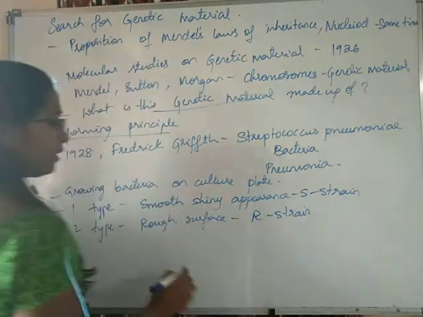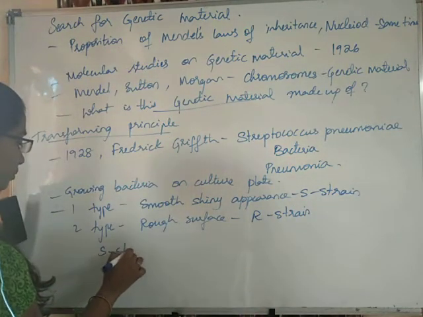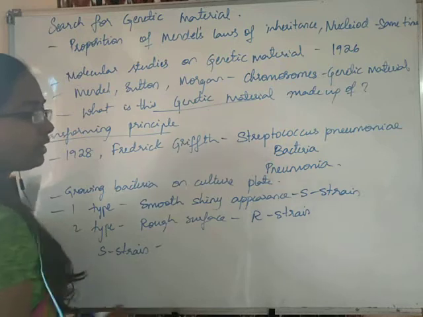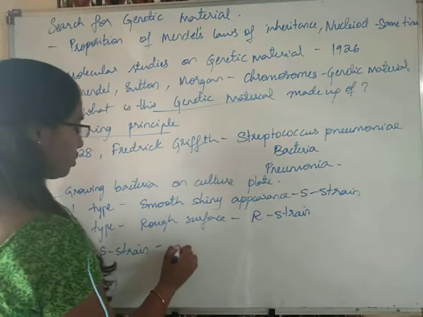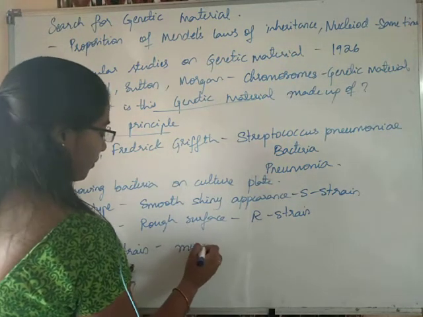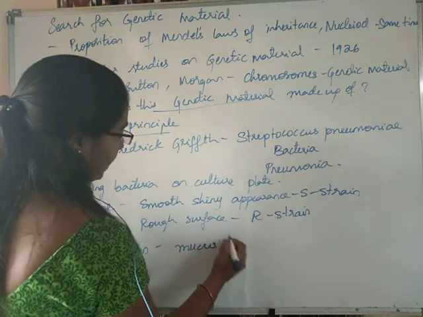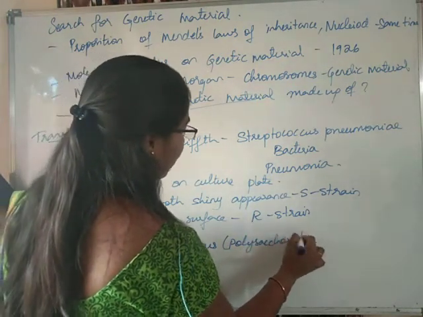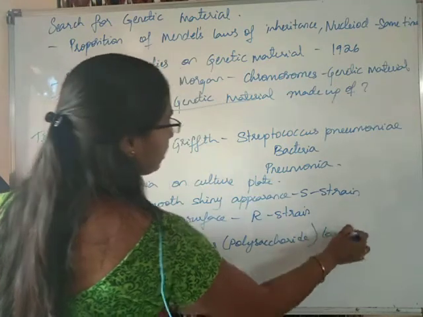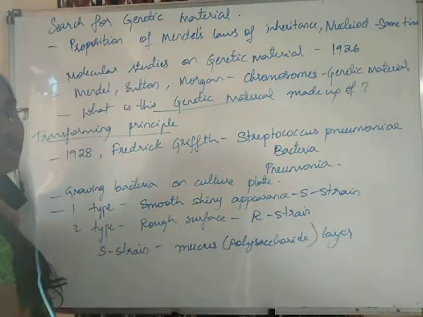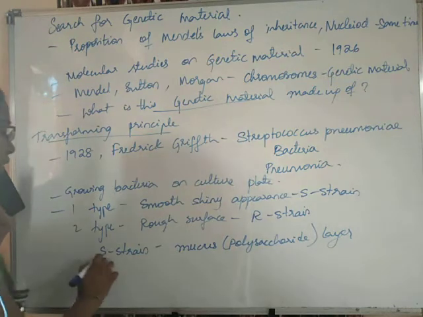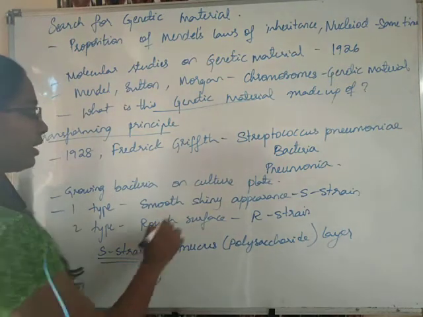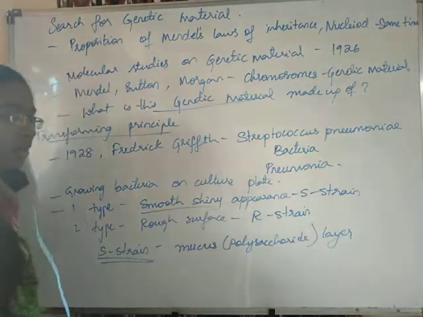The S strain had the smooth shiny appearance because of the mucus, which is actually a polysaccharide layer on the surface of its body.